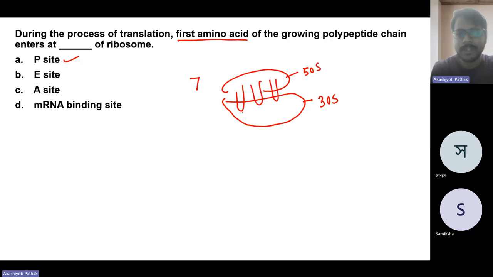This is a rough figure I'm drawing. This is the E site, the middle is the P site, and this is the A site. The first tRNA, actually called the initiator tRNA, will have formylated methionine in the case of prokaryotes. These were discussed in the lectures, so I'm not going into too much detail. This initiator tRNA always binds at the P site, and then the subsequent tRNAs will bind to the A site.